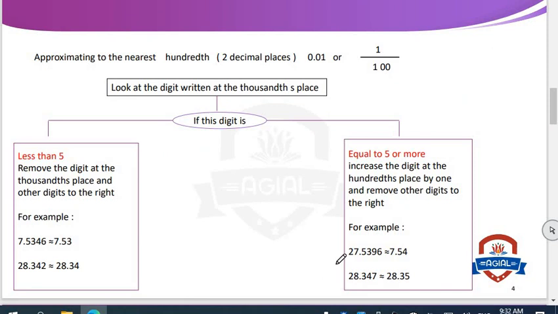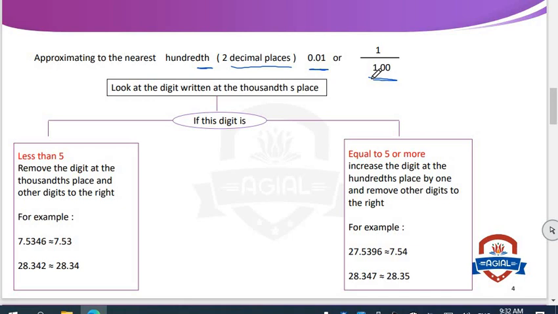At first, approximating to the nearest hundredth, or two decimal places, or 0.01, or 1 over 100. All of these are the same.